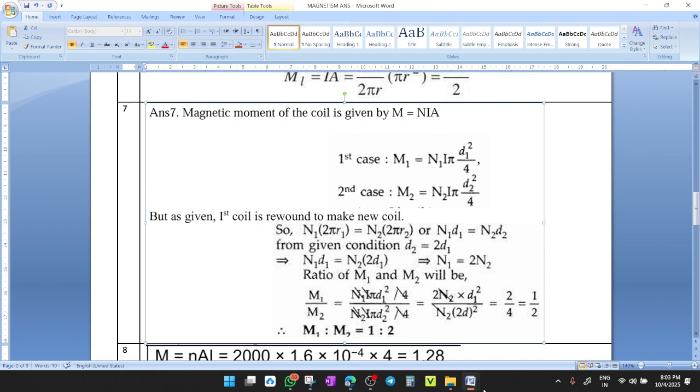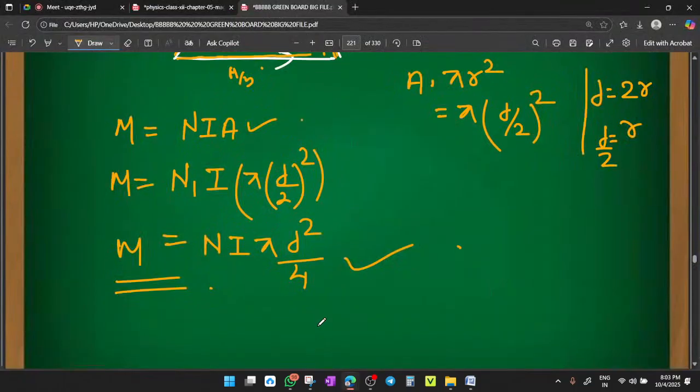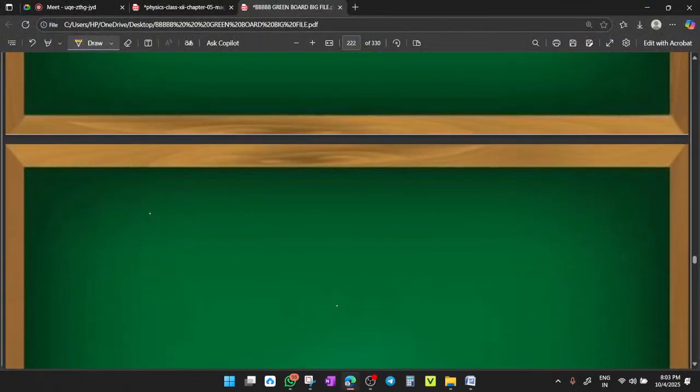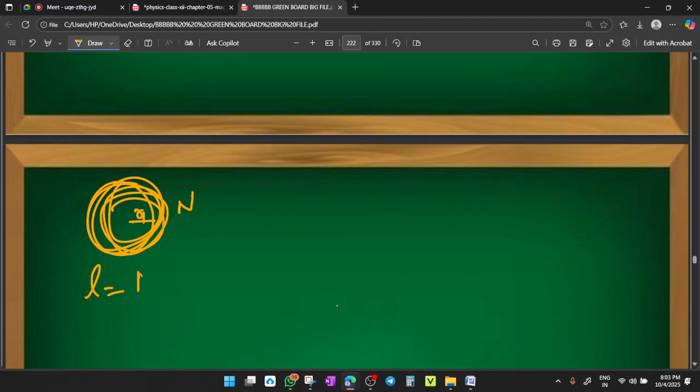So in the first case, the length of one loop equals 2 pi r1, and there are total N1 loops. So total length equals N1 into 2 pi r1.